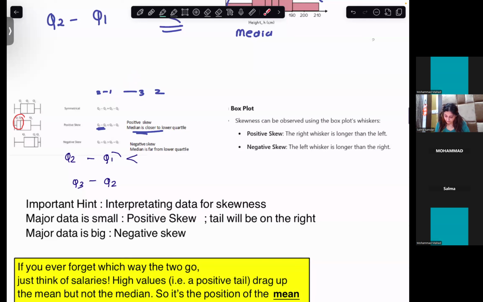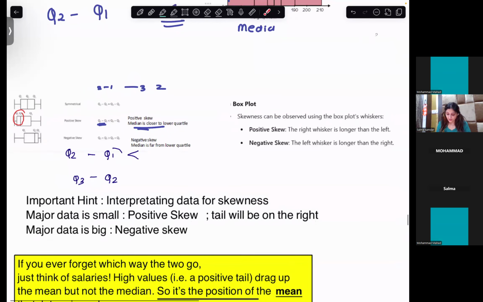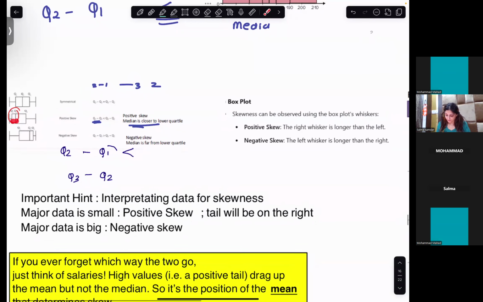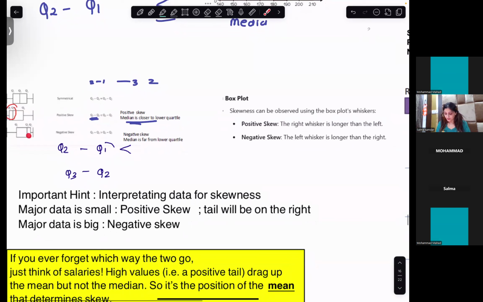In negative skew, Q2 minus Q1 is greater than Q3 minus Q2, which means the median is further away from the lower quartile, showing it's negatively skewed. If the median is closer to the lower quartile, positive, and closer to the upper quartile, then negative.